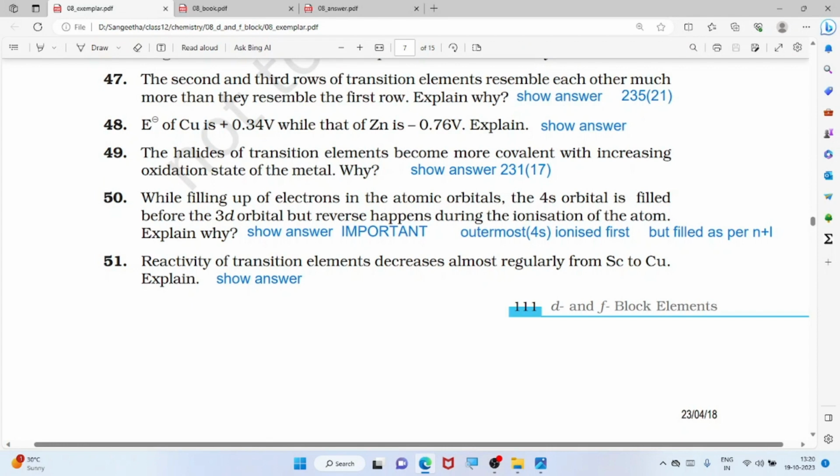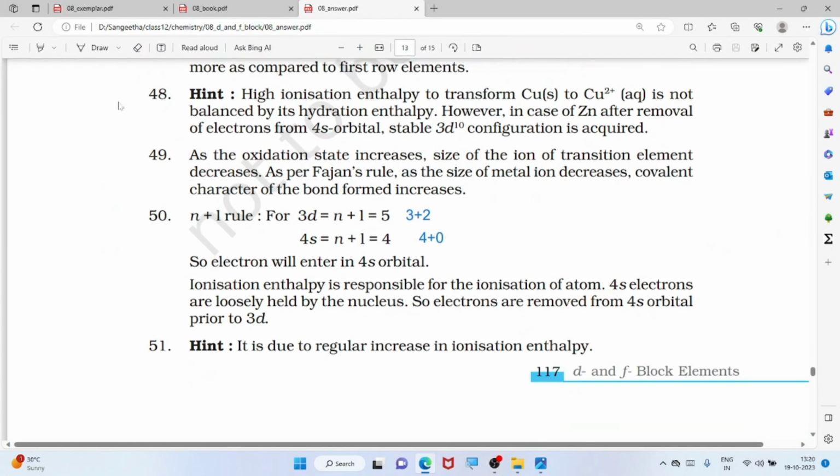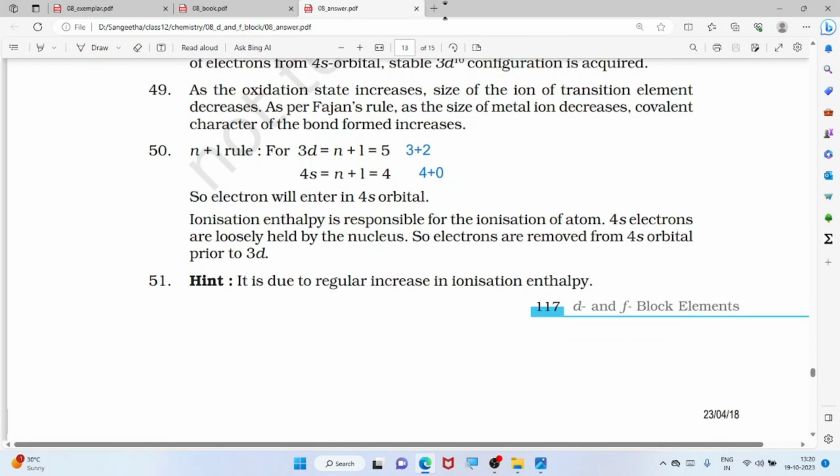Halides of the transition elements become much more covalent with the increasing oxidation state of the metal. As the oxidation state increases, the size of the ion of the transition element decreases. As per Fajans' rule, as the size of the metal ion decreases, the covalent character of the bond formed increases.